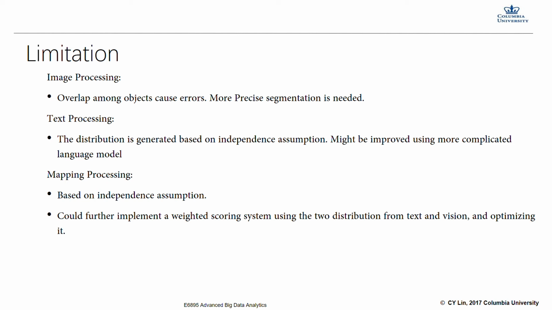We might improve it using some more complicated language models. And the mapping process is now based on independence assumptions. We can further implement a weighted scoring system using the two distributions from the text and vision, and optimize them together to get better results.